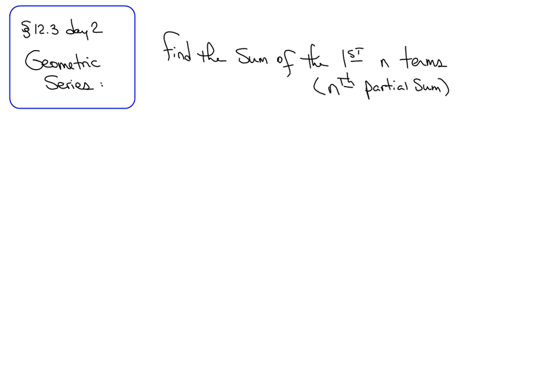So, for example, we might have something that looks like this. So we have a summation, i equals 1 to 16 of 4 times 3 to the i minus 1 power.